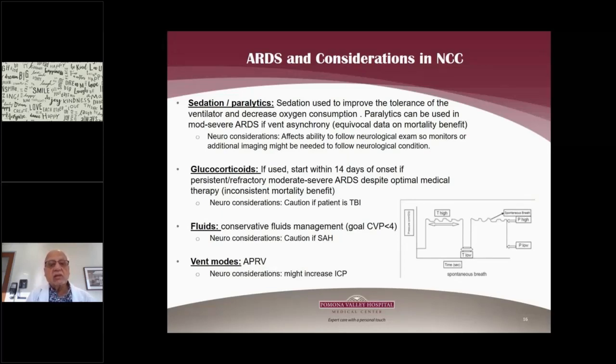Though it causes problems with neuro assessment at times, we need to get the lungs better and oxygenation improved. There is equivocal data on mortality benefit in some of these scenarios by using these drugs, but of course it does let the lungs improve. If the lungs don't improve, the patient will progress to bad mortality.